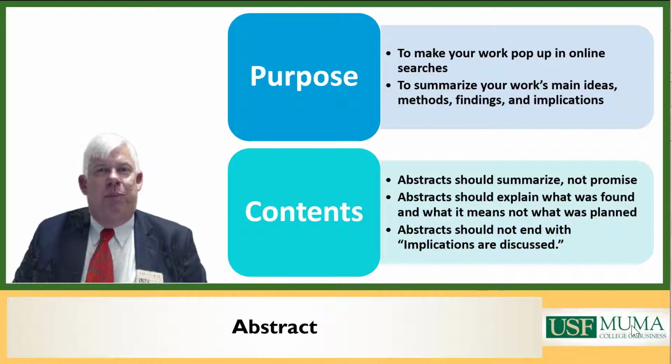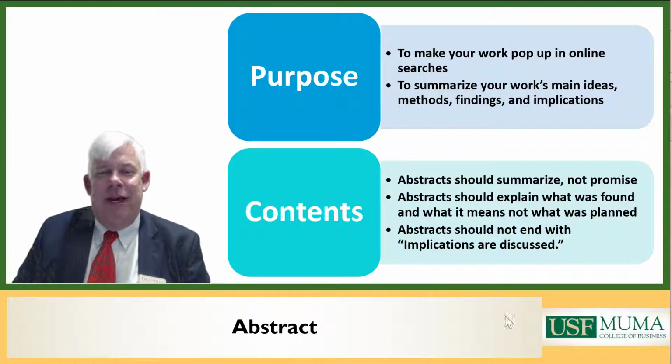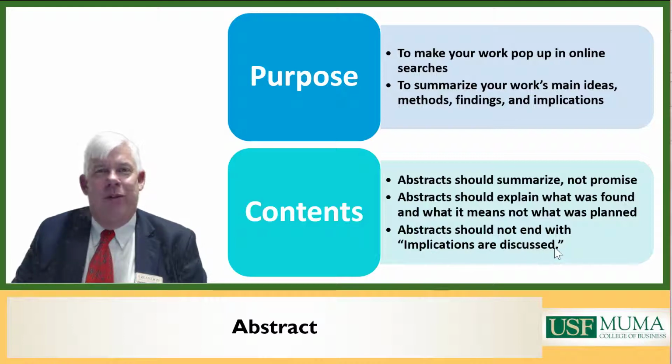They should explain what was found and not talk about what was planned, which is often different from what was found. And you don't want to put sentences at the end of your abstract, such as "the implications of the research are discussed," because that doesn't really add any value to the reader. Everything in your abstract should add value to the reader. Abstracts are normally short, so make sure that you stay within whatever page limits the outlet that you're writing for specifies.